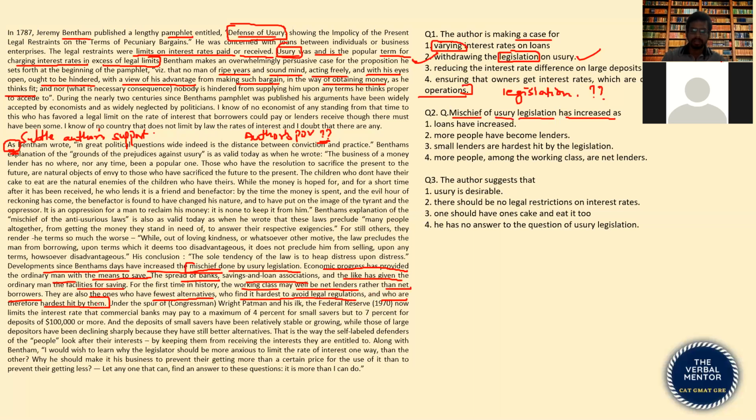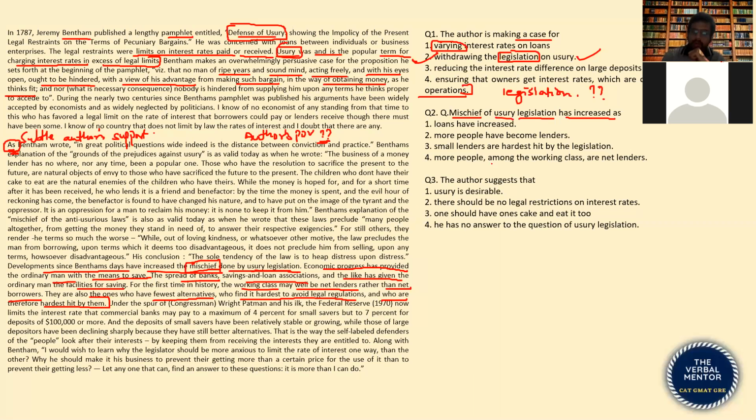So basically, author is telling me that economic progress over the years has made it possible for the ordinary man, the working class, to save some money and to lend money, to be net lenders. However, this is the class of people which is hardest hit by rules, regulations, legislations. And that is why probably he says mischief done by usury legislation has increased.